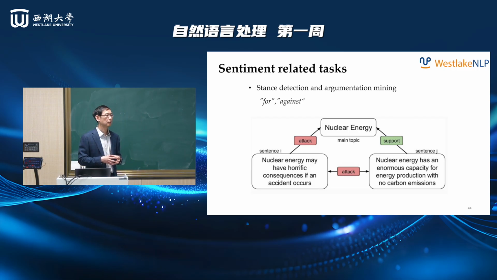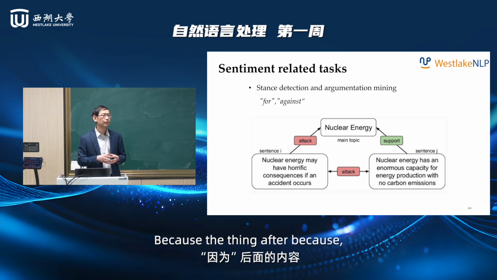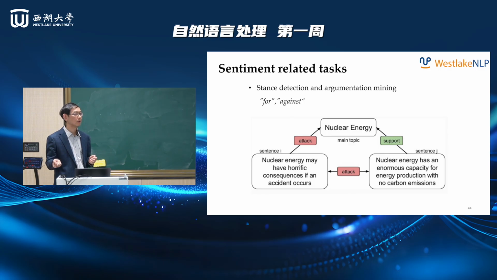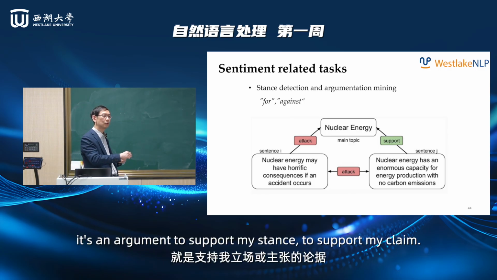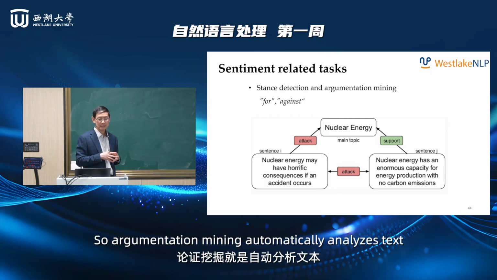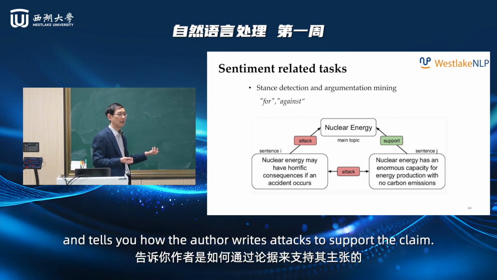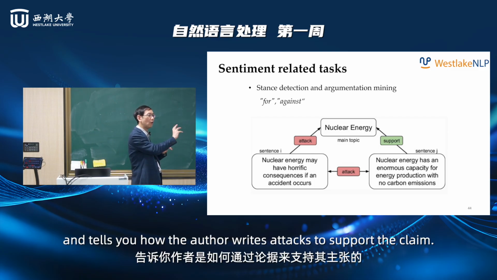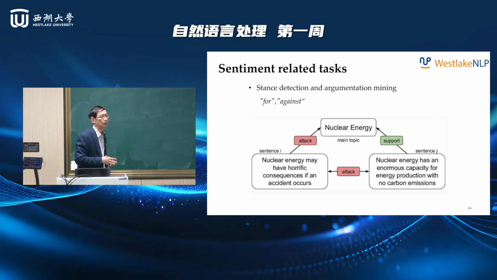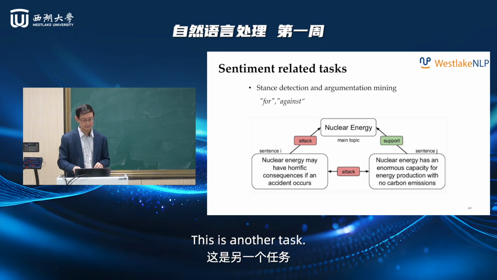The part after "because" is an argument to support my stance, to support my claim. So argumentation mining automatically analyzes text and tells you how the author writes the text to support the claim. This is another task.